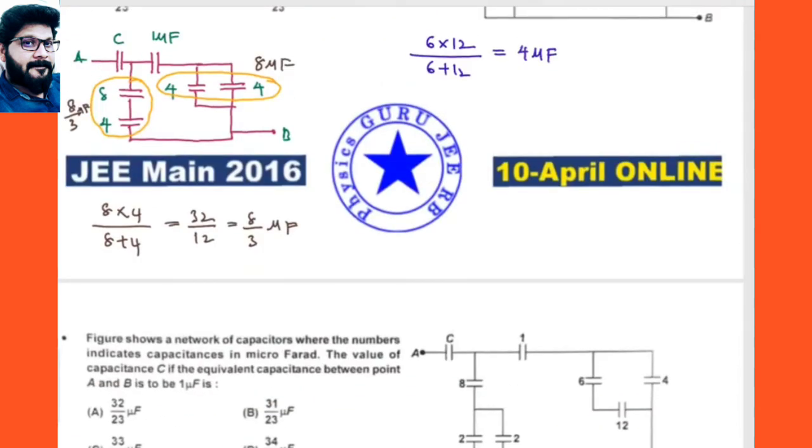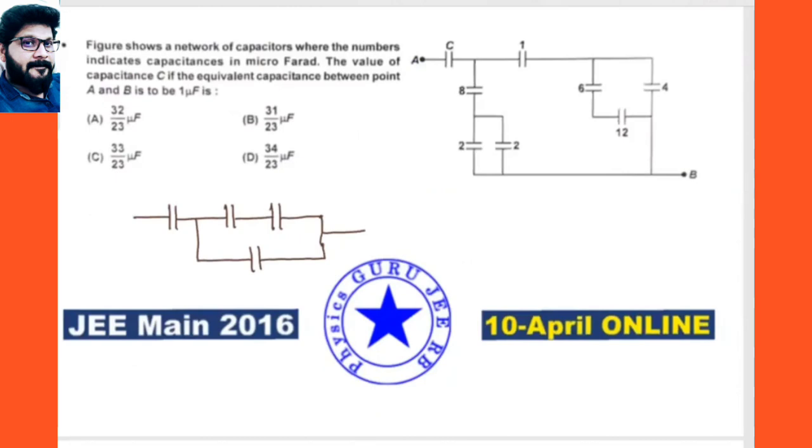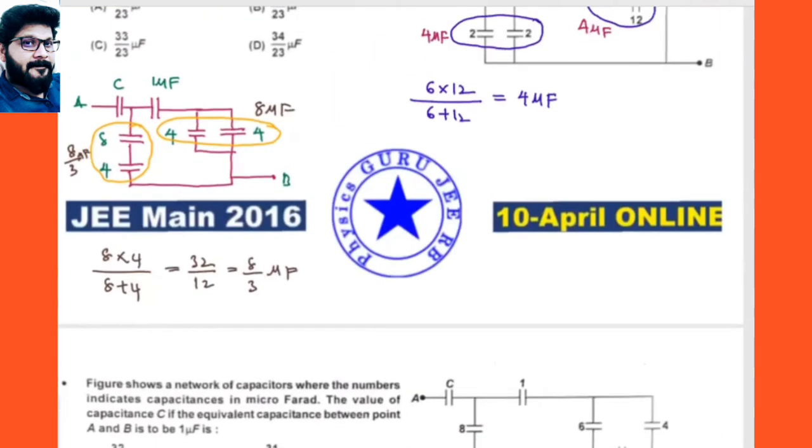So we got 8 divided by 3 microfarads here, 1 microfarad here, 8 microfarad here. There is nothing but C capacitance, A and B.